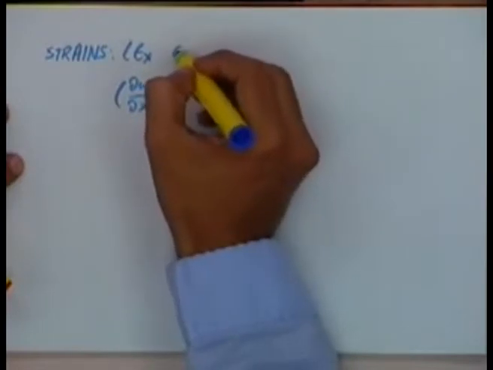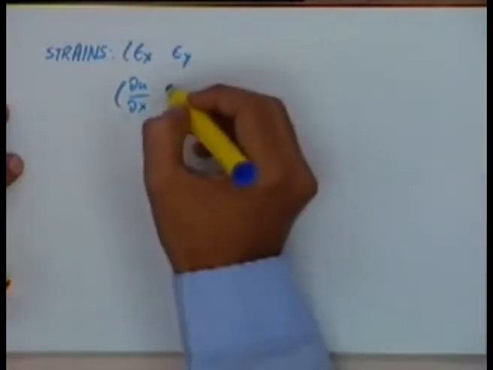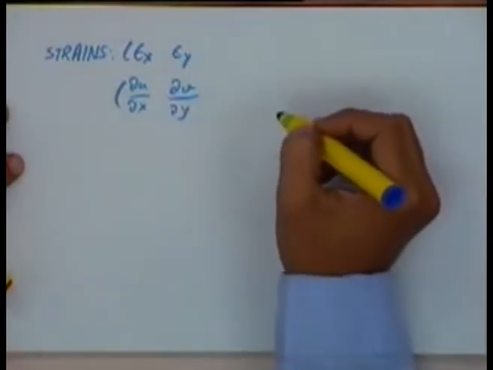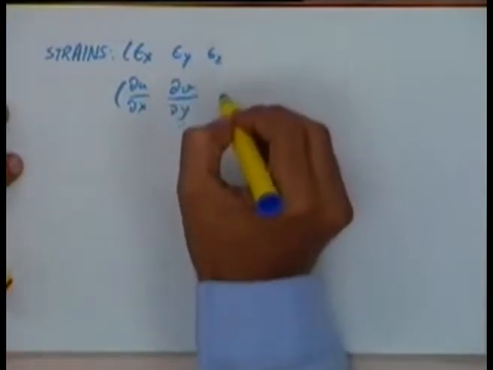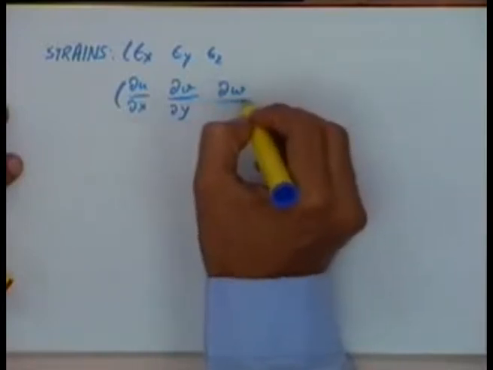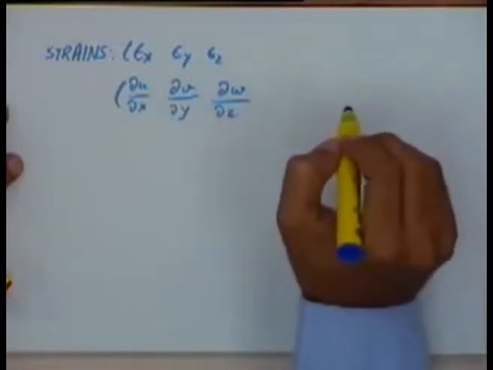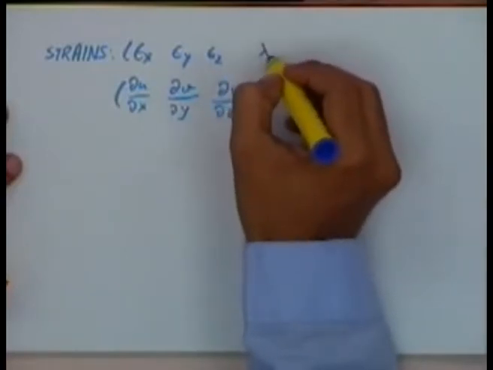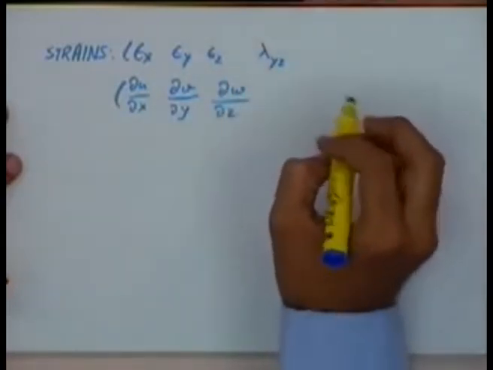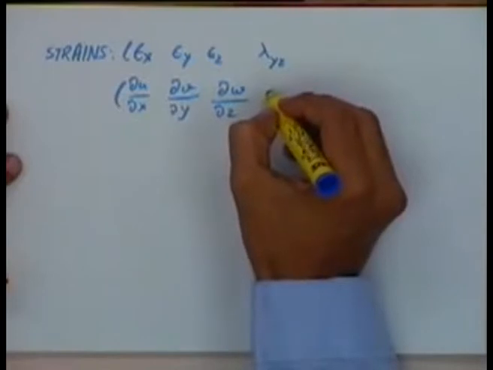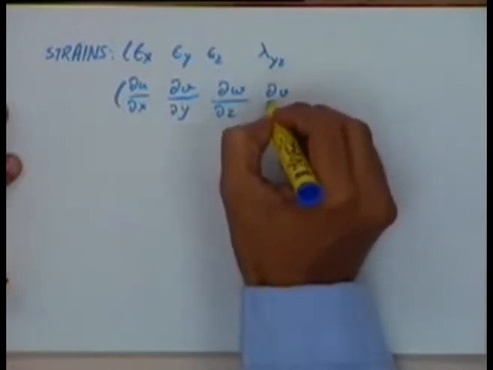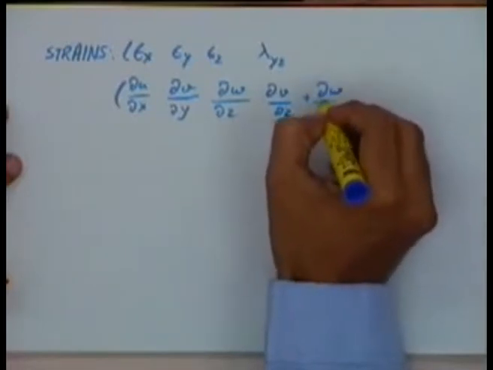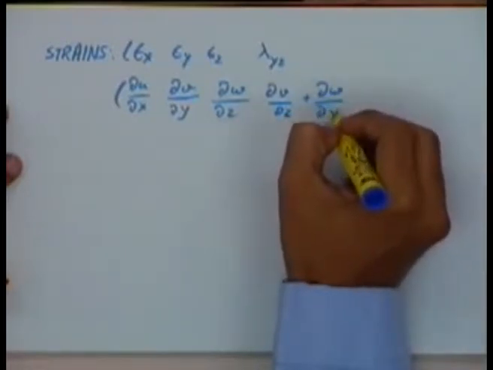Similarly, epsilon y is the same as del v by del y, and epsilon z is the same as del w by del z. Then the next term is lambda yz, and this lambda yz would be the same as del v by del z plus del w by del y.